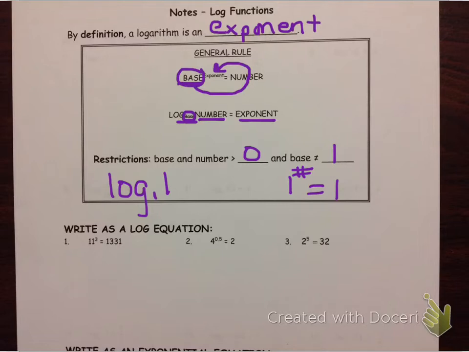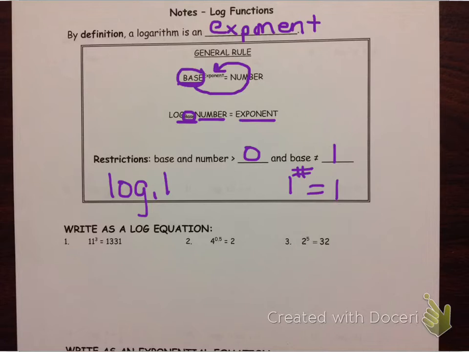And then you would have an infinite number of answers to choose from, because this is asking you 1 to what power is 1. And I mean, it could be anything. It could be 0, it could be -3, it could be 10. You would have an infinite number of answers, so there would be no way to answer that question. So your base can't be equal to 1 for that reason.